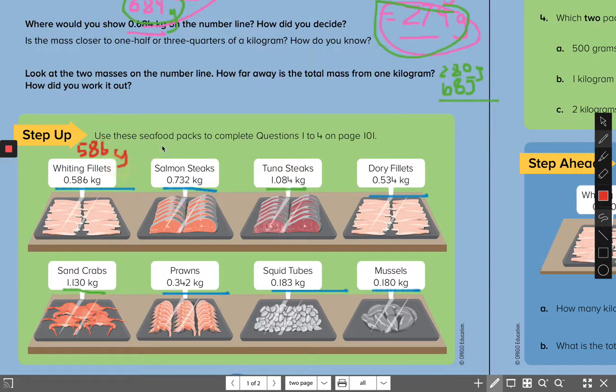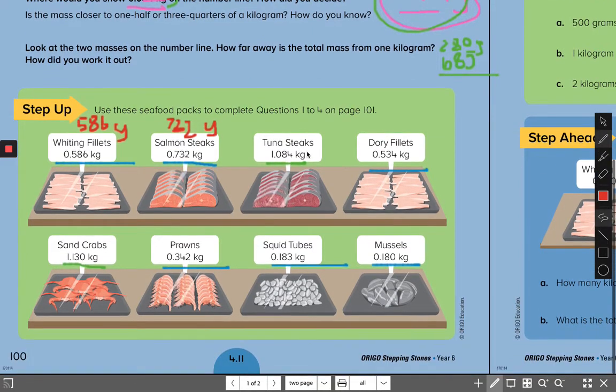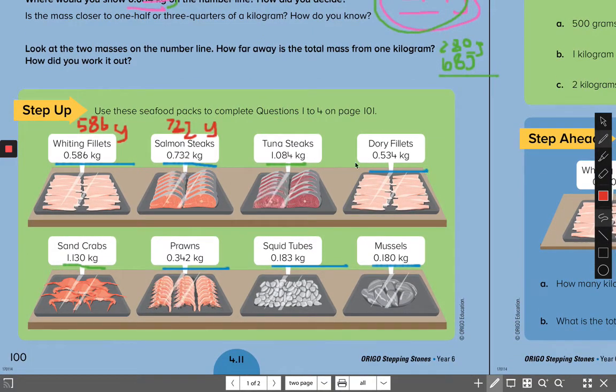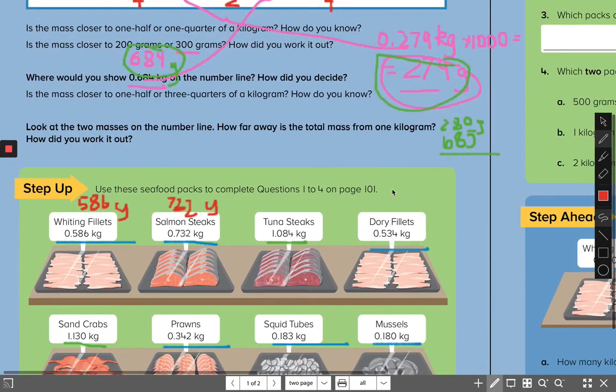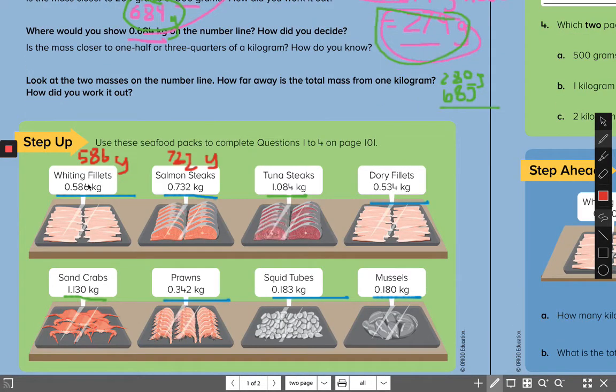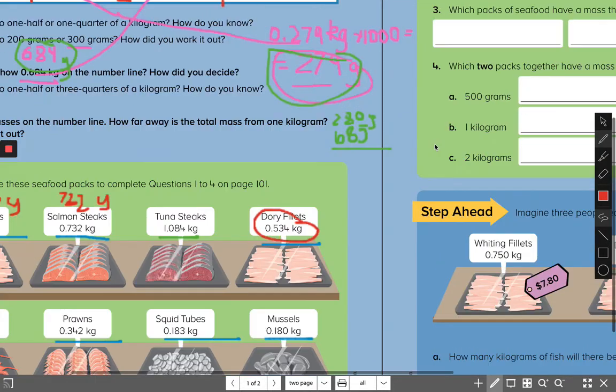This is going to be 732 grams, and so forth. This one's going to be 1084, and so forth. So once you've converted all to grams, you will be able to see which one is going to be the closest to 1/2 kilogram. And out of this and this and this and this one looks the closest one to being 1/2 kilogram.